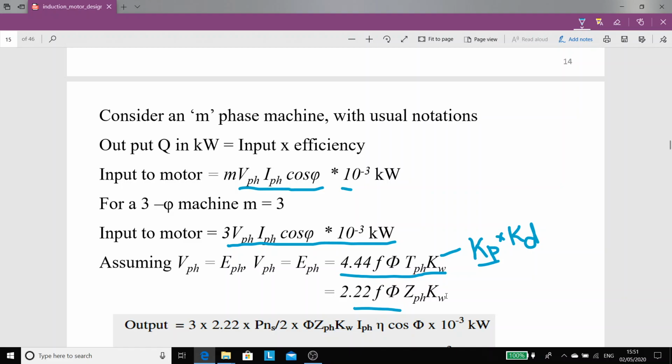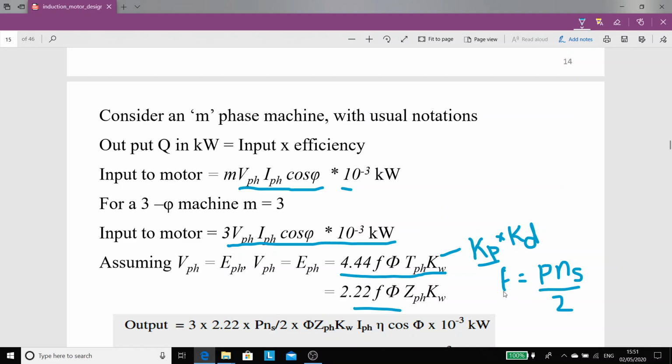Now then see, we know what the frequency is in terms of speed. So in terms of speed, what is the equation of frequency? F equal to number of poles into speed in RPS, synchronous speed in RPS, upon 2.